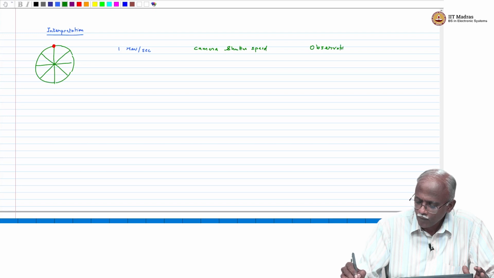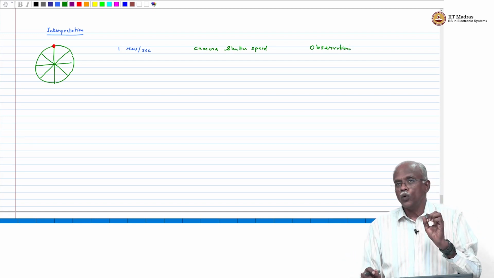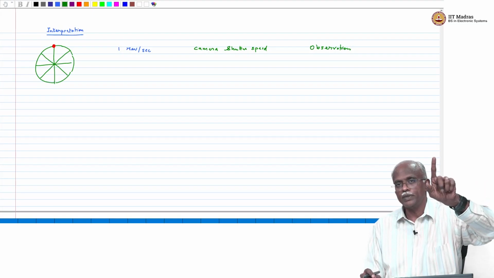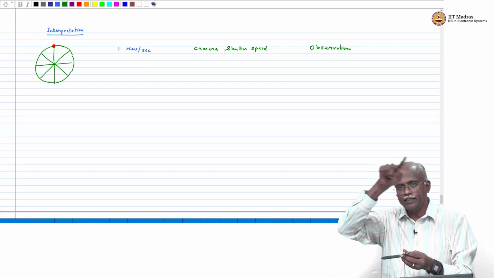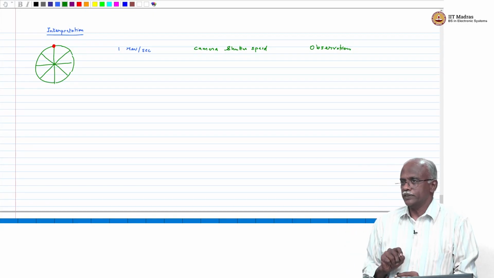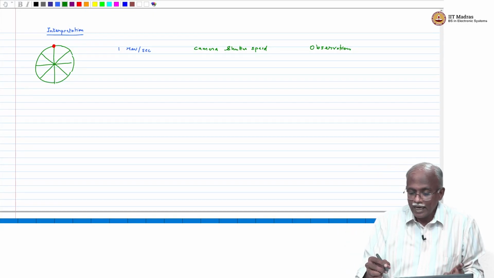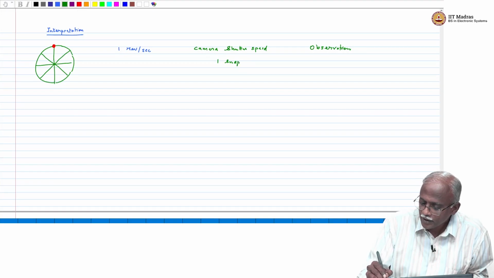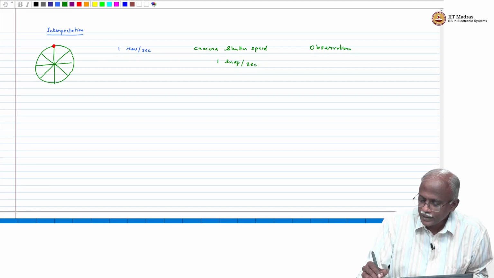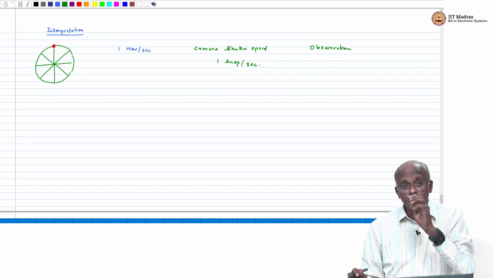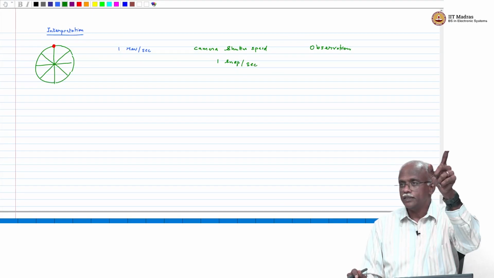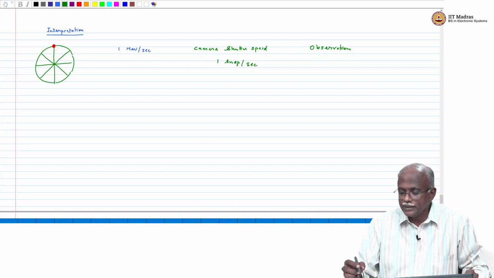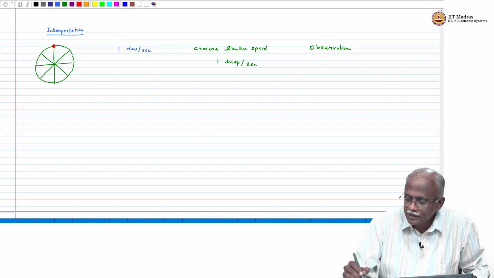Supposing the wheel is rotating at 1 revolution per second, that means in 1 second this red dot will come back to the starting point. Now if my camera is 1 snap per second, then what does it say? It took a snap, it's at one position. After 1 second, it took another snap, so it says that the wheel is stationary.